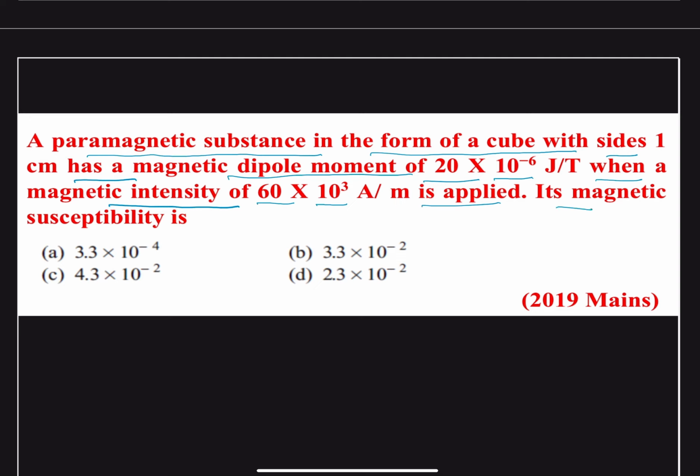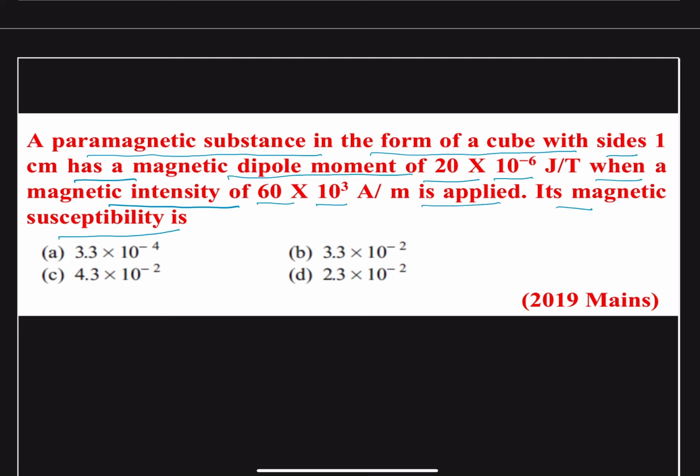Its magnetic susceptibility is. So here we are supposed to find out the magnetic susceptibility. The dipole moment and the magnetic intensity are given to us.